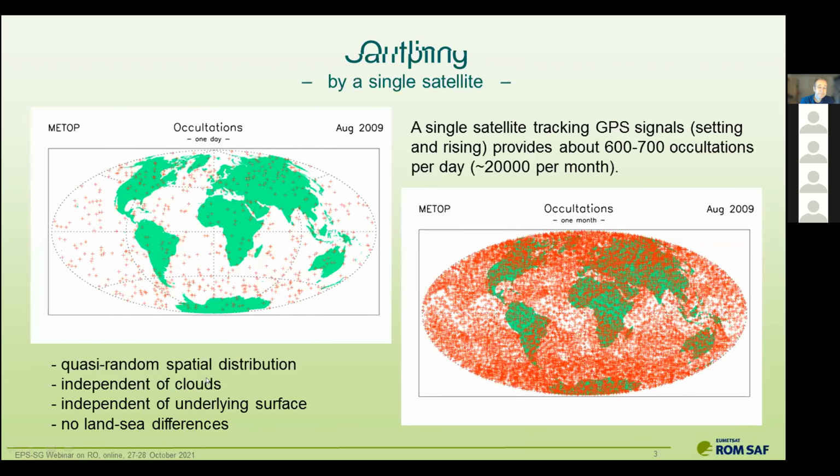So sampling is an important issue, and of course RO instruments are carried by polar orbiting satellites, so they share much of the sampling characteristics with other types of instruments. But there are some particular characteristics.